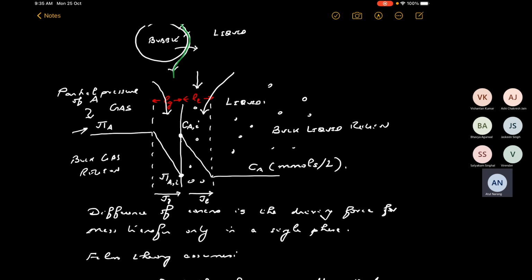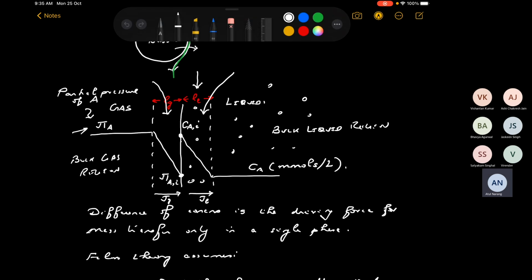which is expressed in partial pressure. Partial pressure is a reasonable measure of concentration because, I'll just put it down here since I've not mentioned it and one never knows.